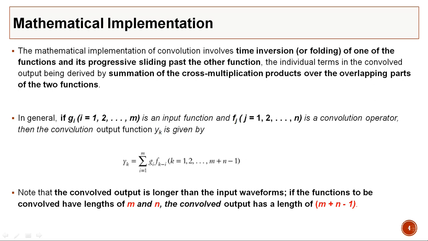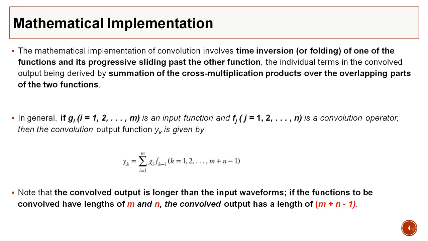For example, if you have a function g of i with the elements from 1 to m, and another function f of j with elements 1 to n, and when you convolve, your final output will be written like that. I will explain that with an example, it will be more clear.